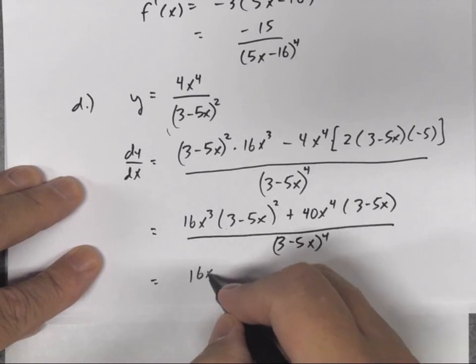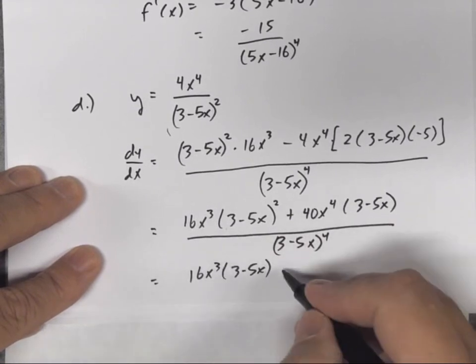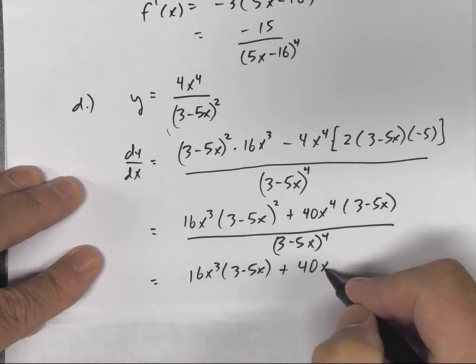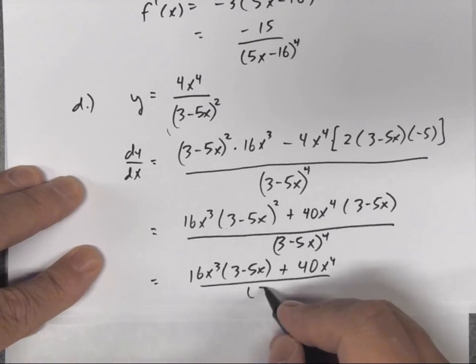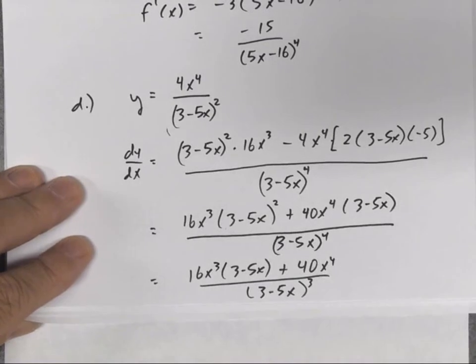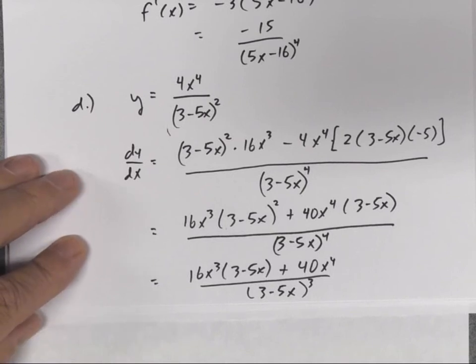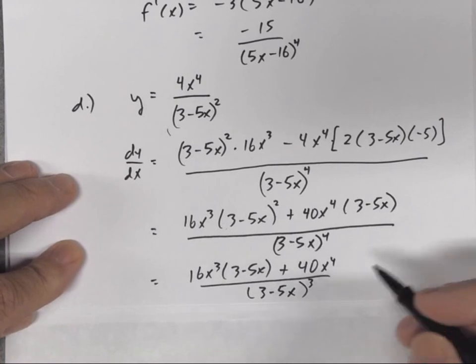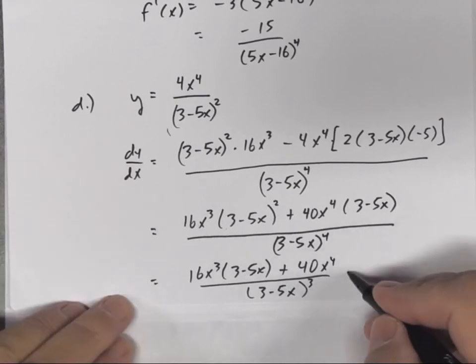So I'm left with 16x cubed times 3 minus 5x plus 40x to the 4th over, okay, what I could probably do is simplify a little bit more to finish this up.